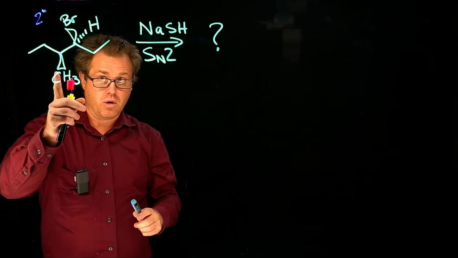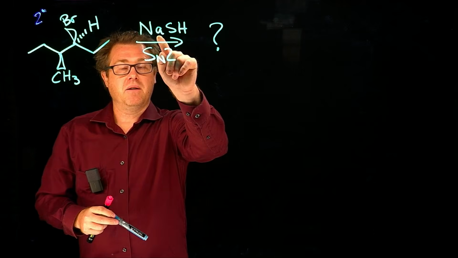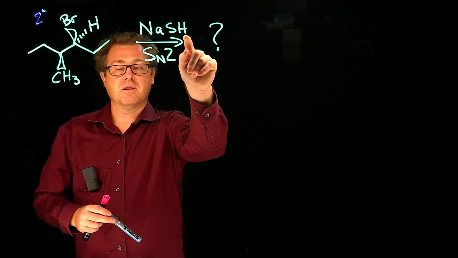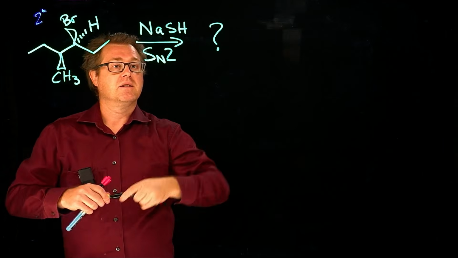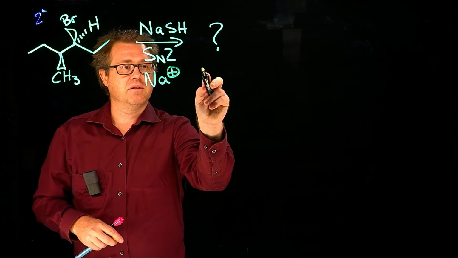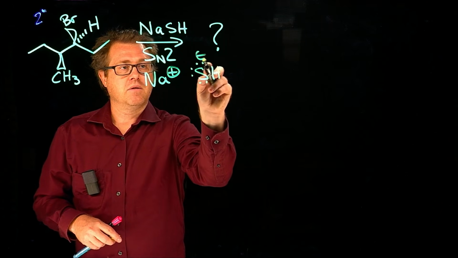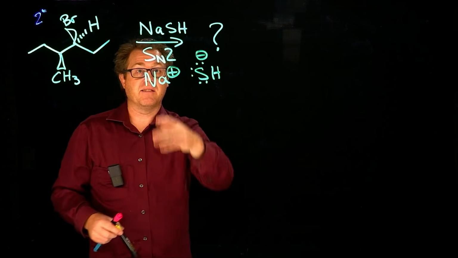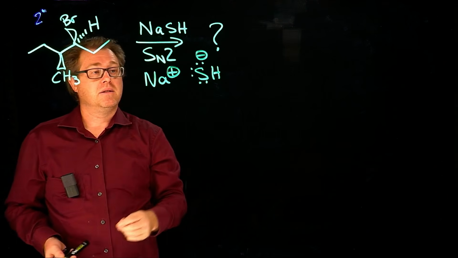And so that works for an SN2. We see sodium, which is a metal, and then sulfur, which is a nonmetal. So that's an ionic species. So that looks like this when it's placed in solution. Once again, the solvent is implied because that's going to be a solid.